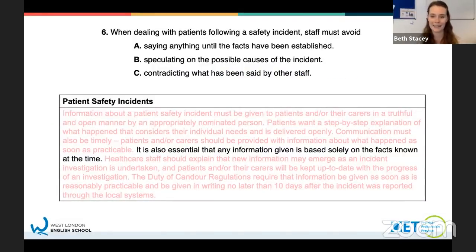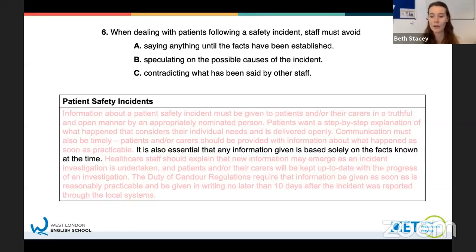Let's look at 6. Now, this one is a little bit confusing. I think the distractors are quite difficult here. But we've got that really important line. It is essential that any information given is based solely, meaning only, on the facts known at the time.